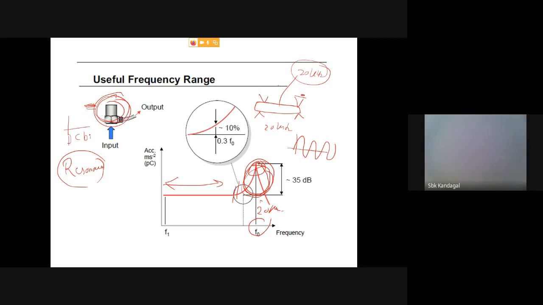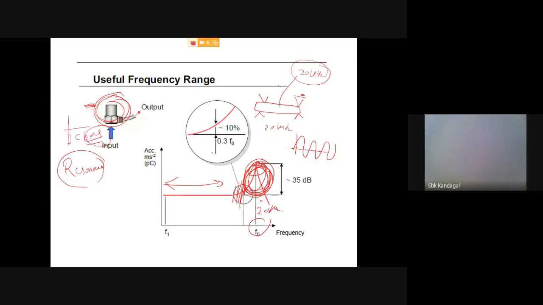Remember that the DC bias is because of the preloaded piezo crystal mass inside. So always use a frequency bandwidth which is not in the vicinity of the accelerometer resonance. Each accelerometer comes with its own natural frequency, so don't operate in this zone.